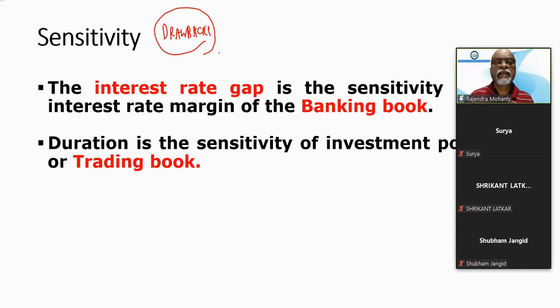Number one drawback is that, as I told you, as per the definition, sensitivity measures the deviation of the target variable when there is a change in a single market parameter. So that means the impact due to all market parameters together cannot be calculated through sensitivity. You have to calculate separately, and separate results will come.